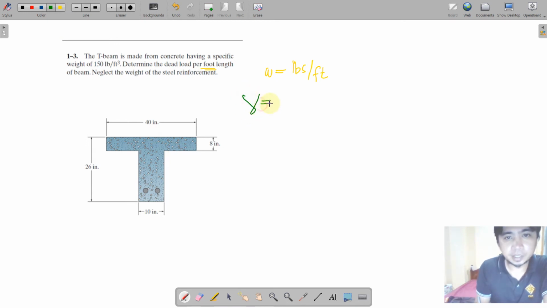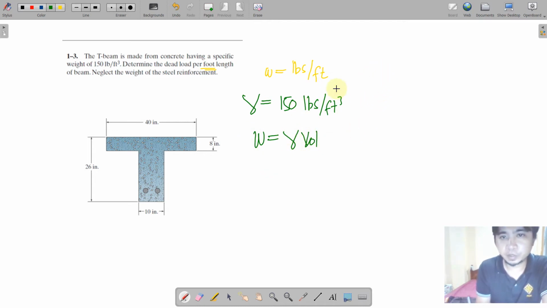So I'll just write the given 150 pounds per cubic foot. Okay. Again, how shall we arrive at the weight? We have said that the weight is simply gamma times volume. Again, if you cannot manage to memorize this, just refer to the unit.